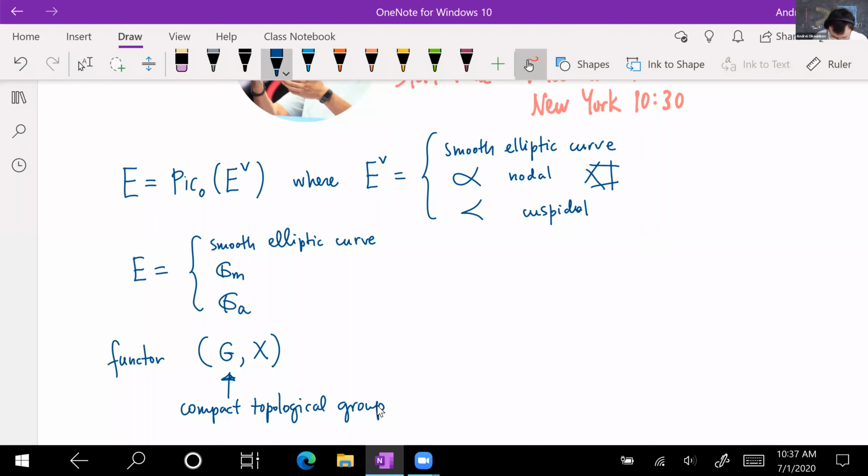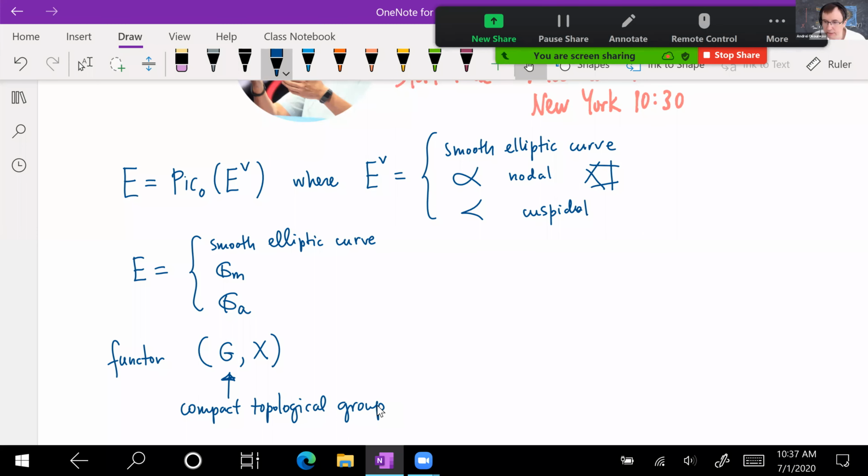If we have a compact connected topological group, then there's a corresponding reductive group, which will just be denoted by the same letter. Otherwise, it'll be very confusing if we keep changing this notation. So you should remember that when we talk about topological spaces with group action, a compact group acts. But if we're talking about algebraic varieties, then the reductive group acts. Because X for us will be both a topological space and an algebraic variety. And so we want a functor, covariant in both.